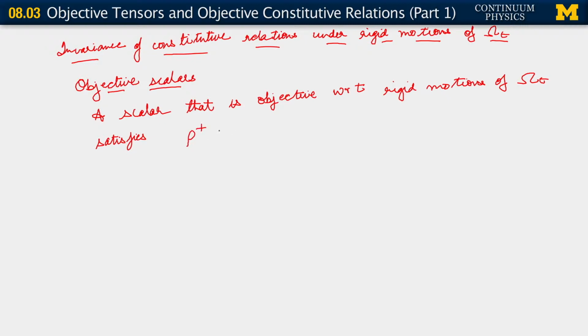rho plus, x plus comma t equals rho x comma t, right? Where x plus is c t plus q t x.